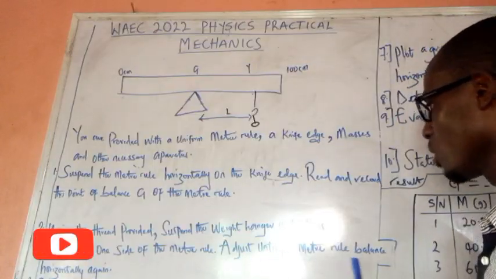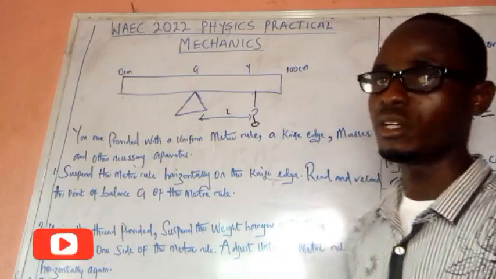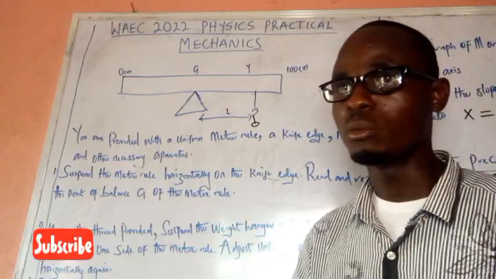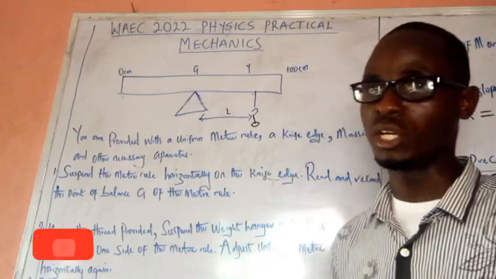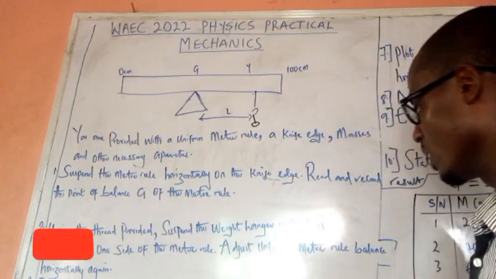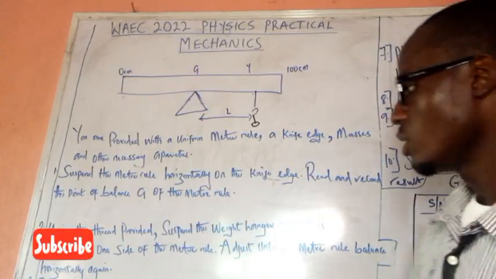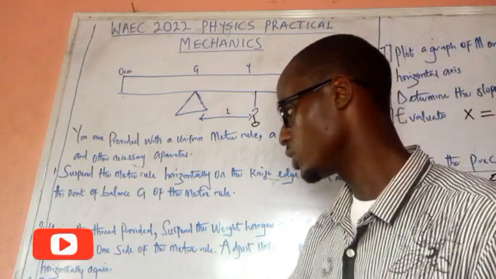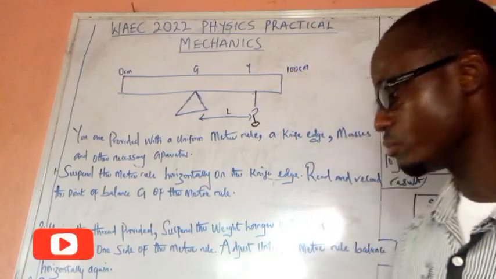Adjust until the meter rule balances horizontally again. So once we hang the mass on the weight hanger, we adjust the meter rule until it's balanced again. Then the next thing is read and record the distance L between the mass and the knife edge. Repeat the procedure for 4 other values of M equals 40, 60, 80, and 100 gram.